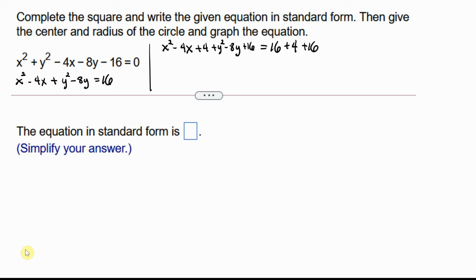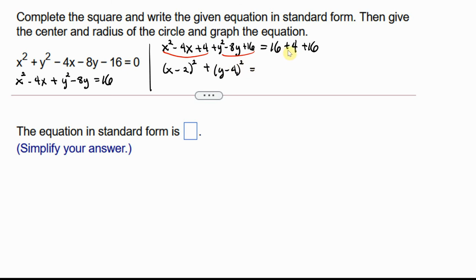So now what you've done is force this to be a perfect square trinomial, and you force this to be a perfect square trinomial. So let's see. Isn't this just (x minus 2) squared? Plus, isn't this just (y minus 4) squared? Let's simplify this.